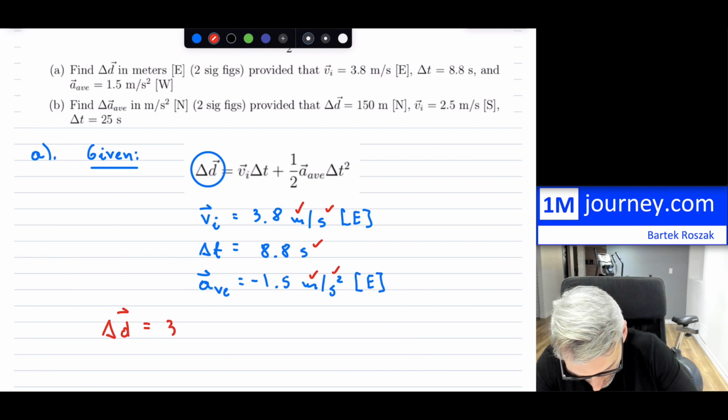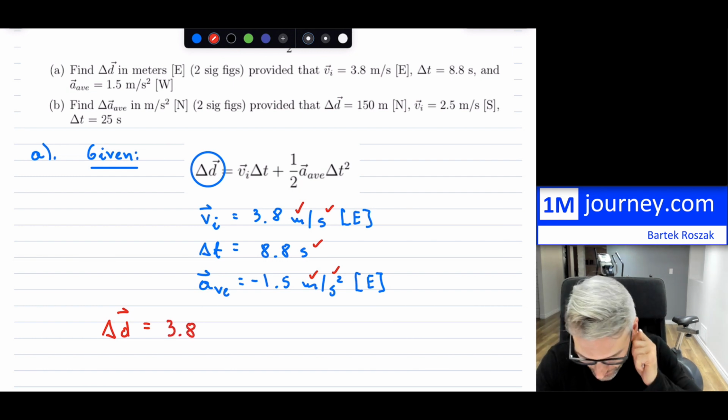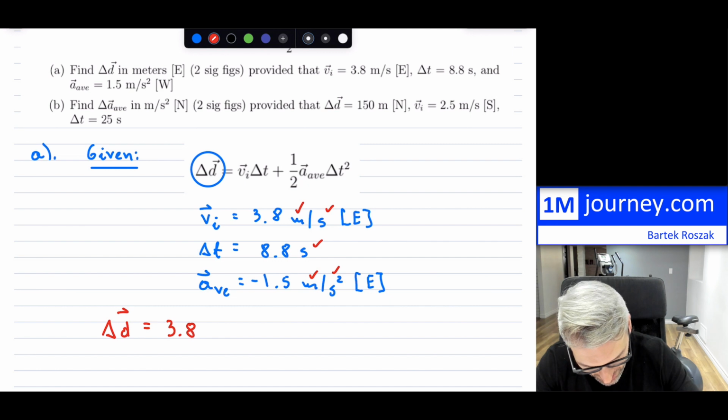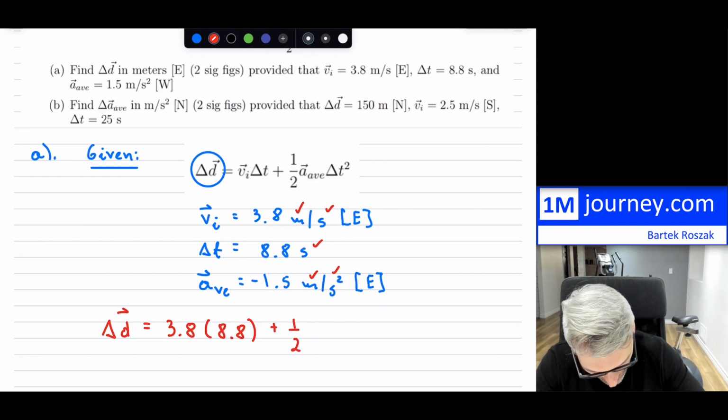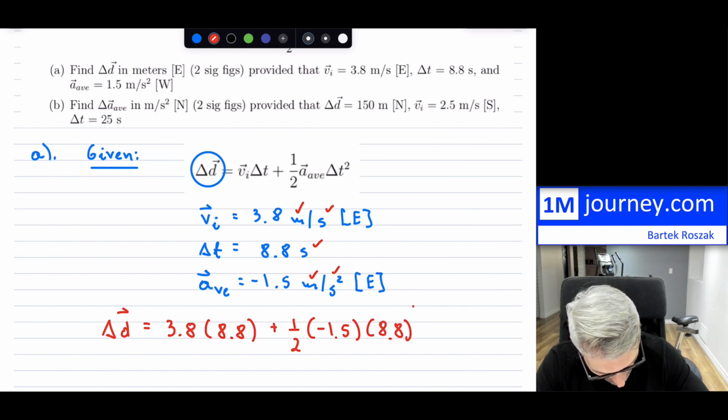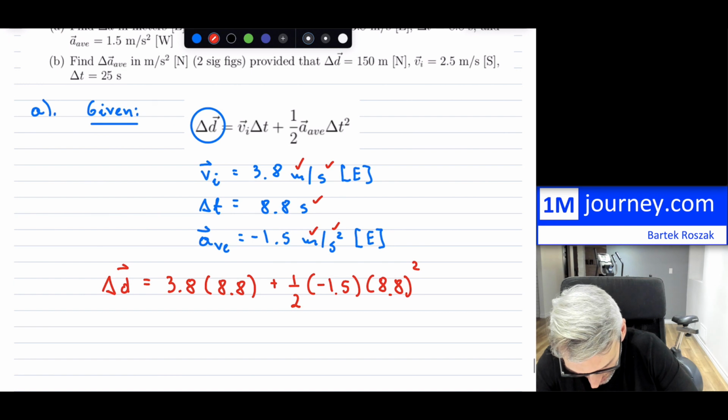So we have 3.8, I'm going to drop the units, and the direction is the same throughout. Next, 8.8. And then plus 1/2 the acceleration, which is negative 1.5, and then the time that I have in there is 8.8, and it is squared. All right, so I have all of this.